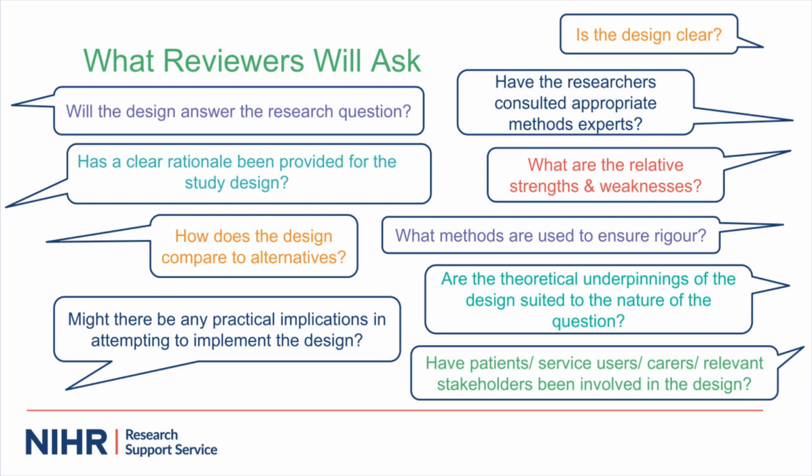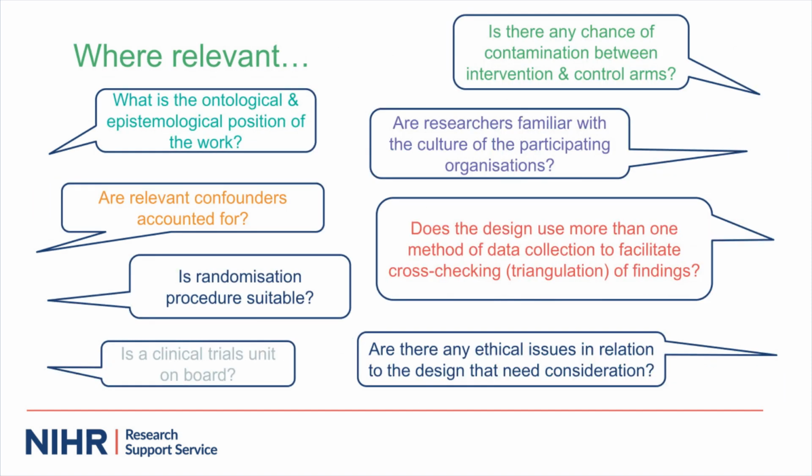What methods are used to ensure rigor? So, are you adopting more than one approach to show that something is happening? So where relevant, is there any chance of contamination between intervention and control arms? So if you have perhaps a nursing-based intervention based on two wards and you've got control wards, are staff actually flitting between wards and bringing what they've learned on one ward to another ward?